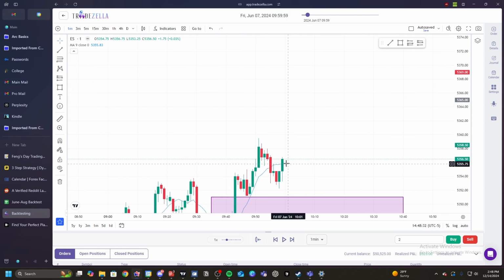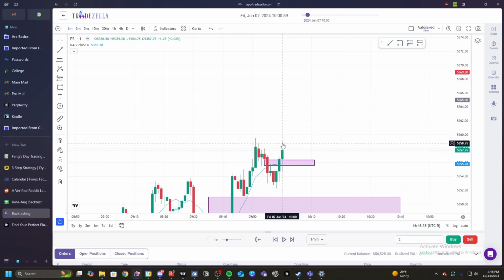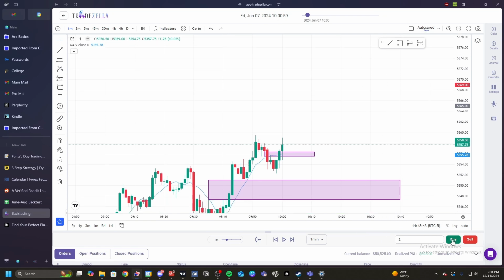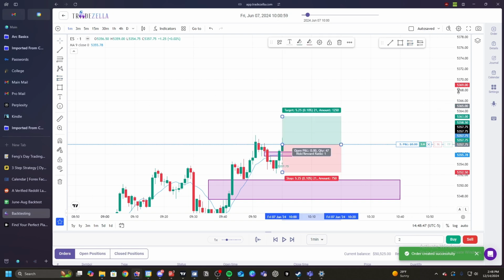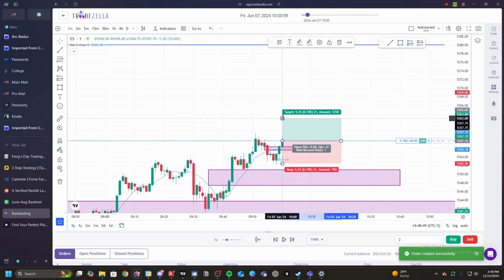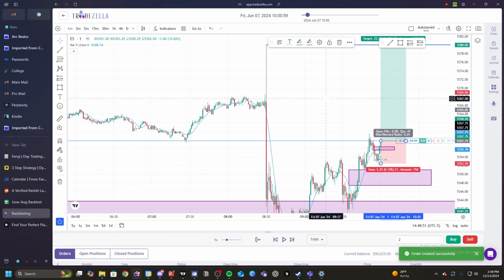9:59. Looks like we actually inversed off of here. So we could buy off this inverse. I'm going to do that and see how many points we could squeeze out of this. We could target the highs.